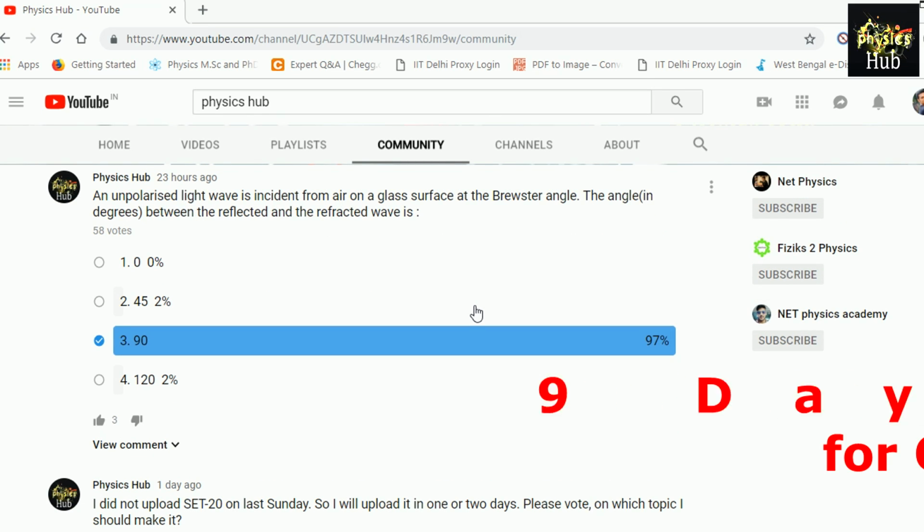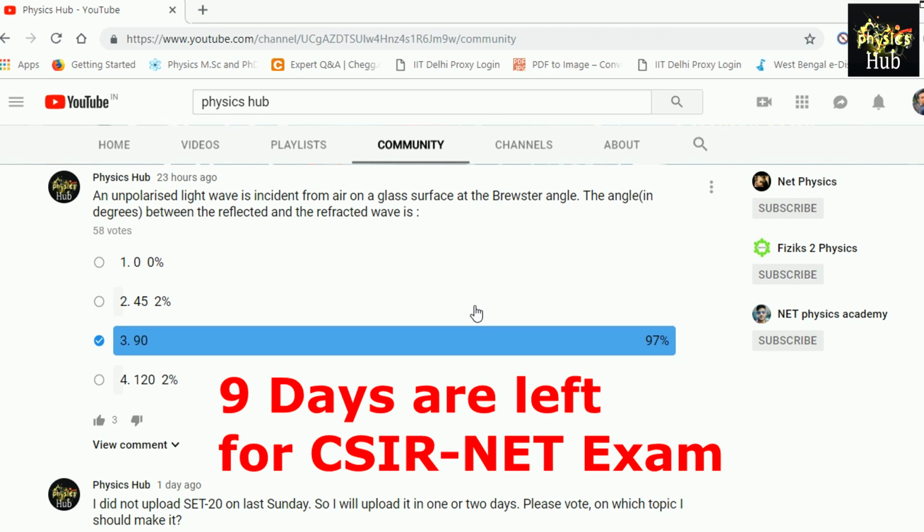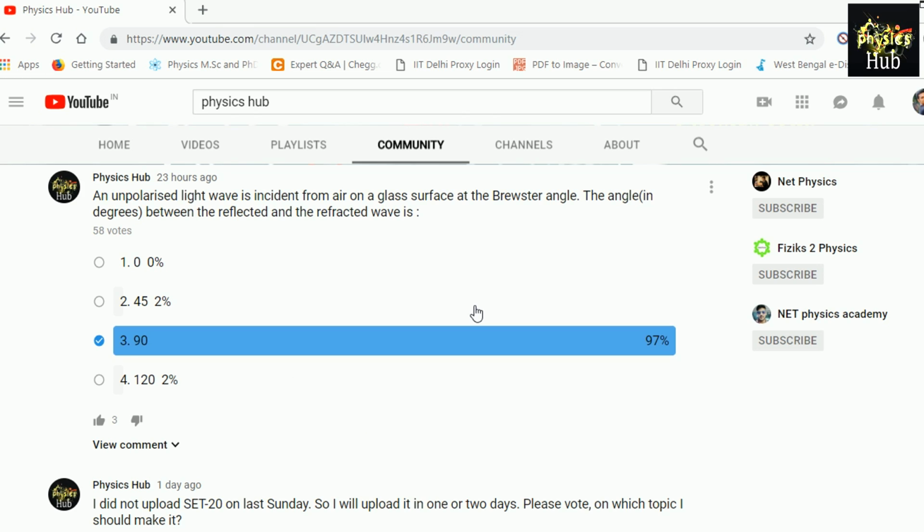Now only 9 days are left for your CSIR NET exam, so it is quite obvious that your preparation is at peak. You all are solving questions, reading different topics. One thing I would like to tell you here: keep quality time for revision. Read, practice, revise, and try to give at least 4 full-length tests in these 9 days.